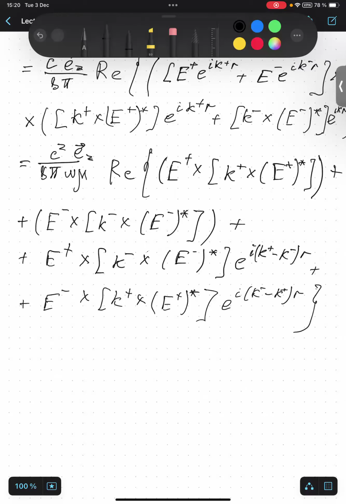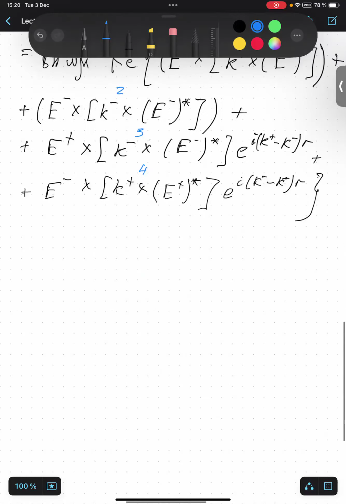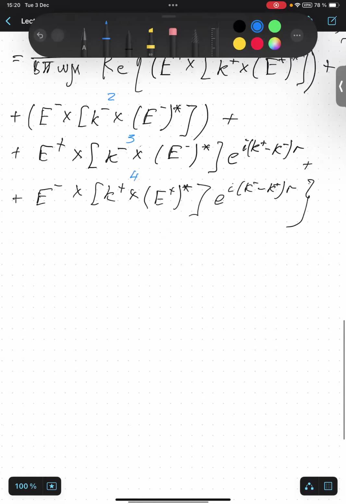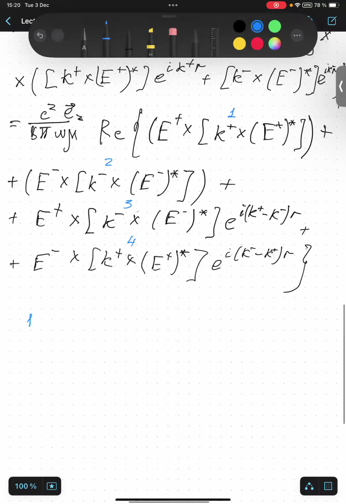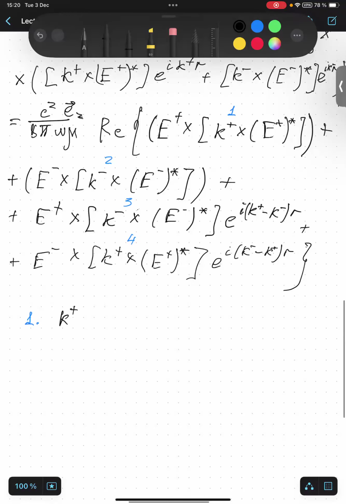Let's now consider each part separately. For example, this one, first part, second part, third part, and fourth. Look, for first part, we have K plus multiplied by square modulus A plus squared.